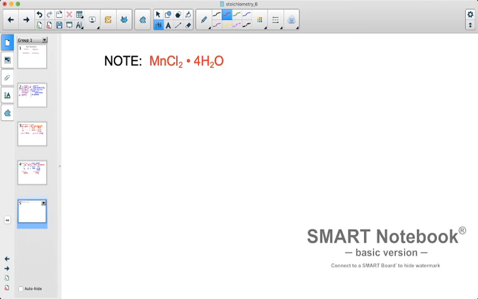Now the last thing I want you to pay attention to is this formula right here. MnCl2, there's a dot in the center and it has 4 H2O. When you see something like this, this is known as a hydrate. And that dot in the center is not a multiplier. It is just a separator.